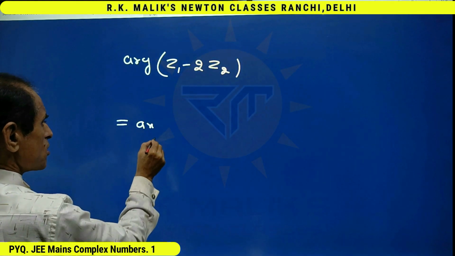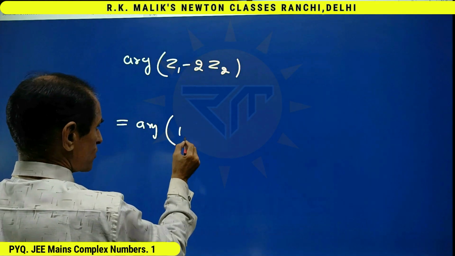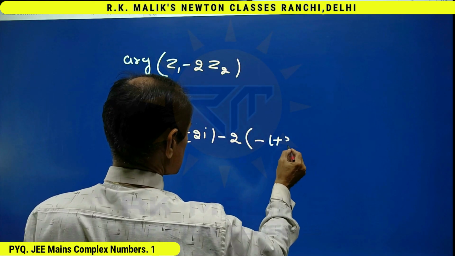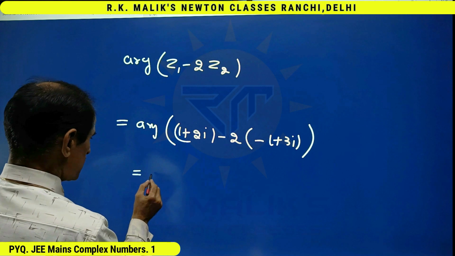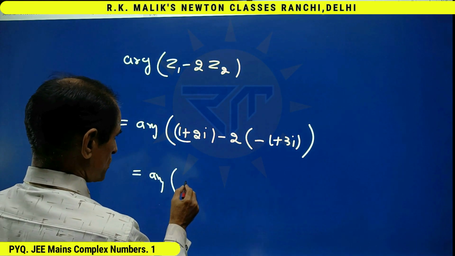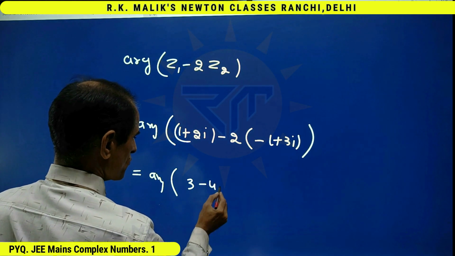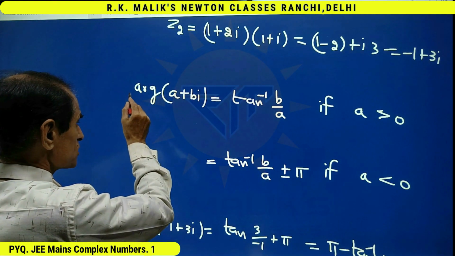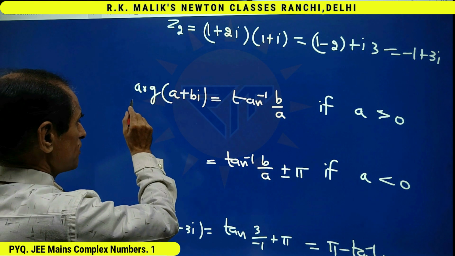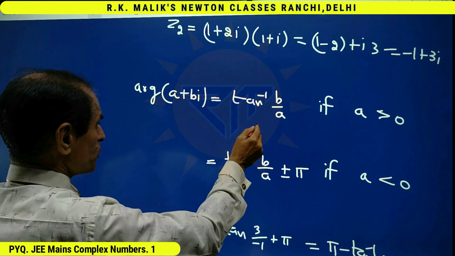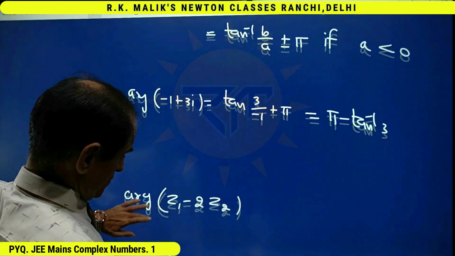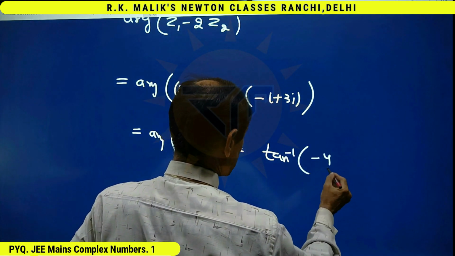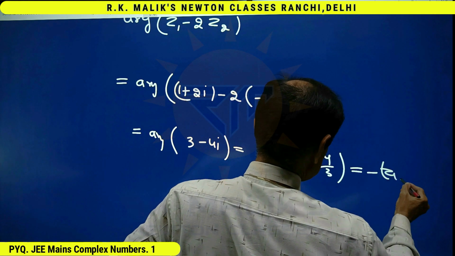Just now I told you, recall that when he has written small a, it automatically means he wants the principal argument, and it is tan inverse b by a if a is positive, and here a is positive, therefore I get the answer tan inverse minus 4 by 3, that is minus.